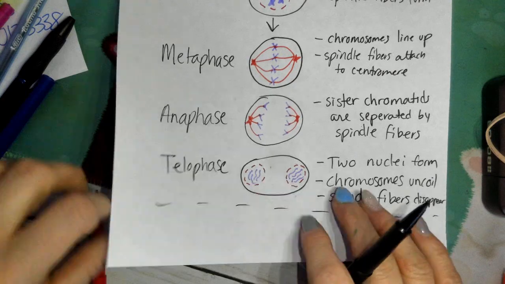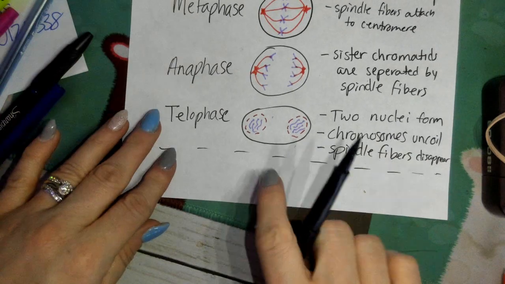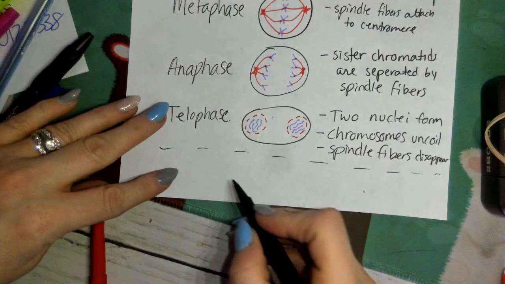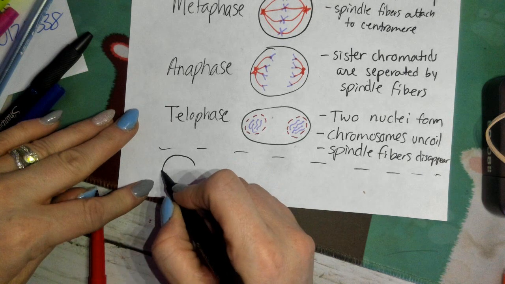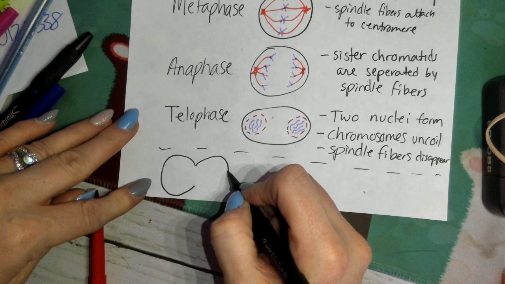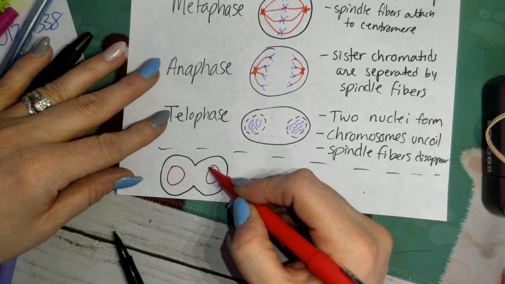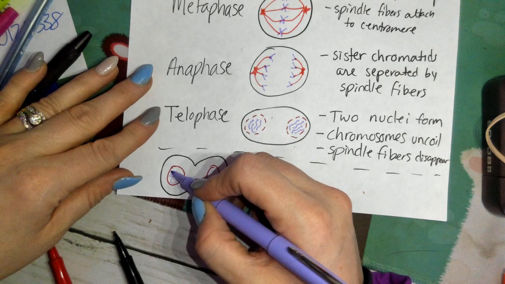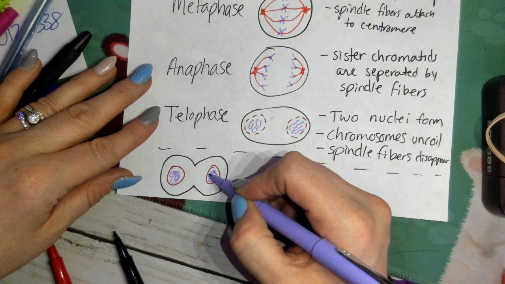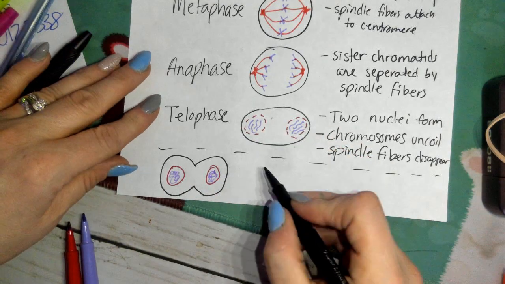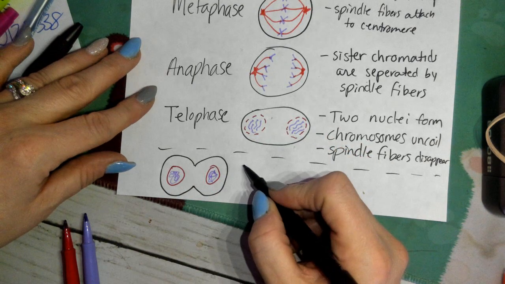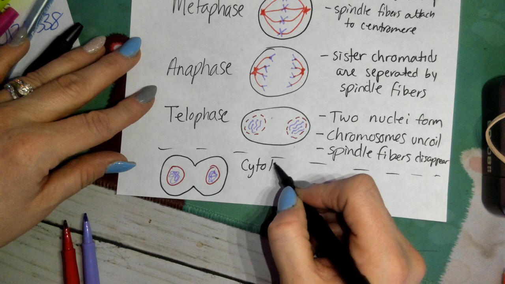And then after mitosis, we need to complete that division into 2 cells. So that cell is going to start pinching. We have complete chromatin in both cells. The nuclei are complete. This process is called cytokinesis.